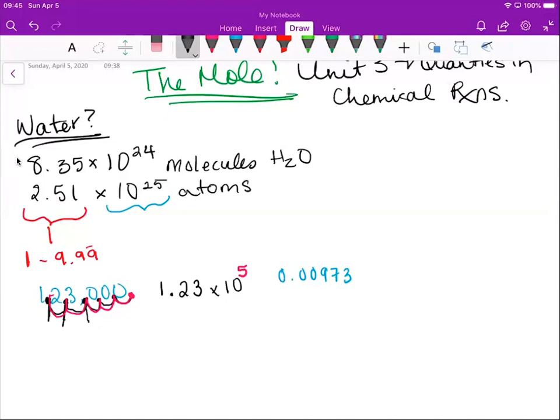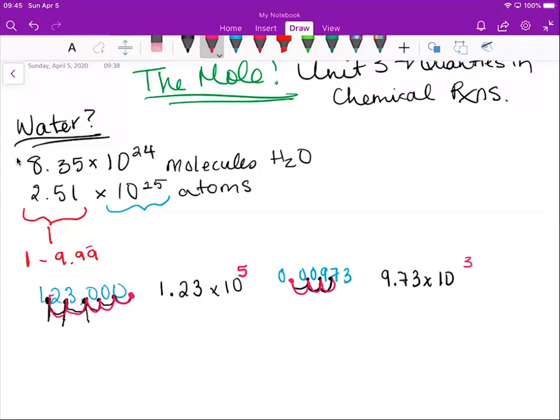So if I move the decimal place 1 spot, 2 spot, 3 spot, do you see how now it is 9.73? And that's what I want. Now, of course, this number is not 9.73, so I have to think about how many spots I moved the decimal place. I started here and I moved 1, 2, 3 spots.